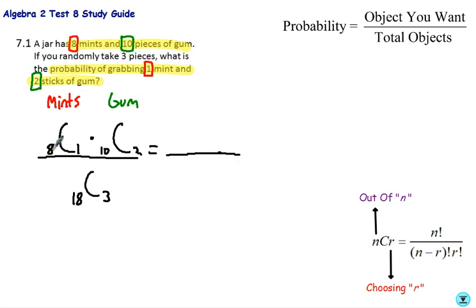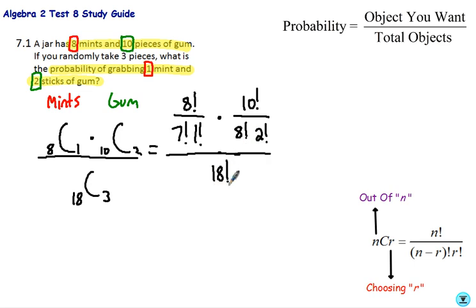So remember, the total goes on top. What you pick, what you don't pick. So 8 mints, I just want 1 of them, so there's 7 I don't pick. For the gum, 10 pieces, only want 2, so that means there's 8 that I don't want. And then for the total, 18 total pieces of candy in the bag, but I'm only picking 3 of those.